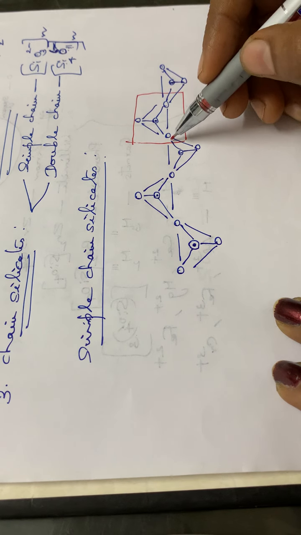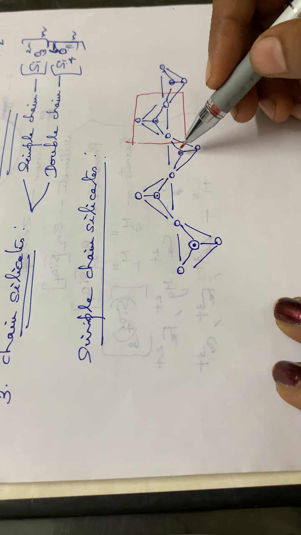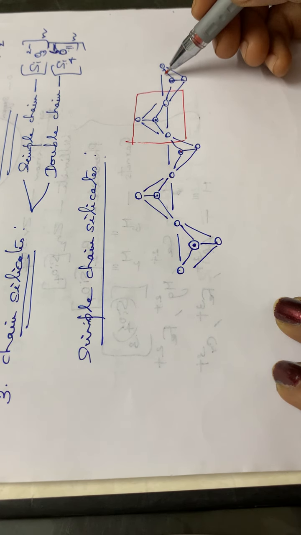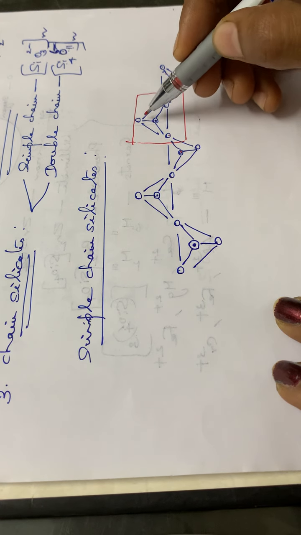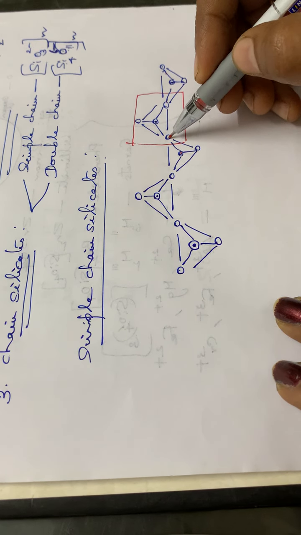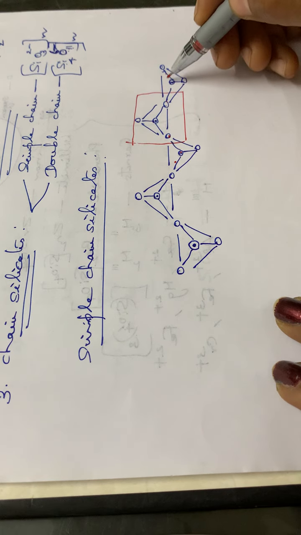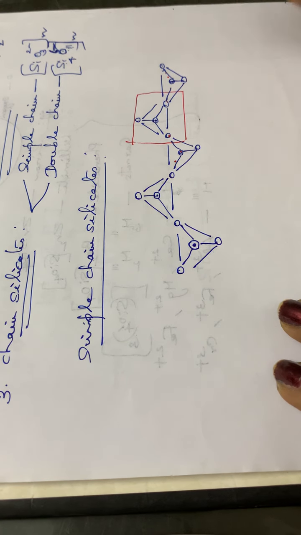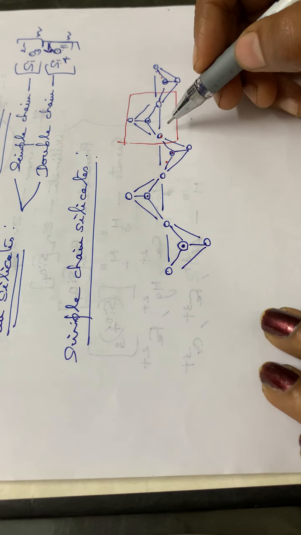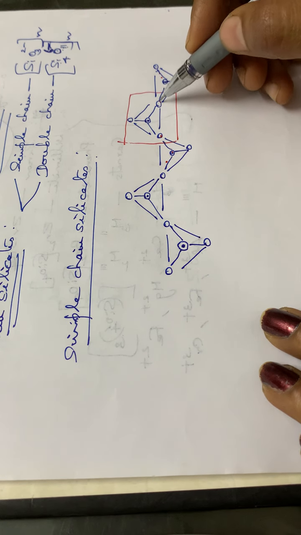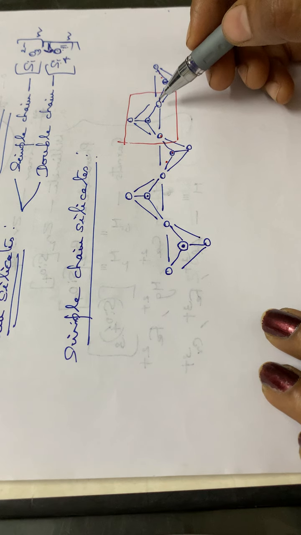the two oxygen atoms at the corners are shared by two other tetrahedra, one on each side. So in simple chain silicates, the structure is formed by the sharing of oxygen atoms on two corners of each silicate tetrahedron.